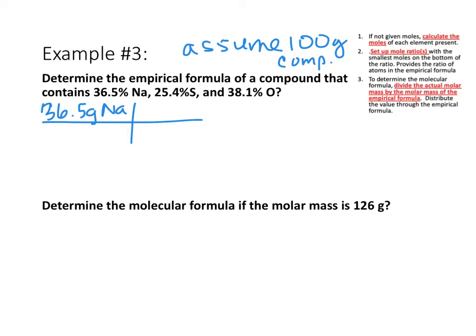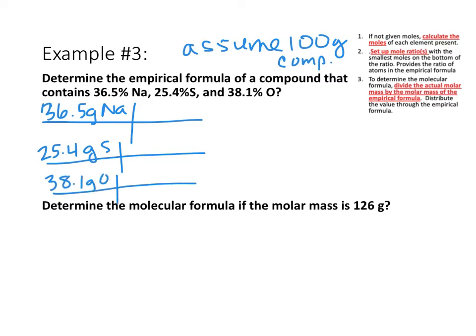And if 25.4% is sulfur, 25.4% of 100 is 25.4 grams of sulfur. So we can get that to moles. And then if 38.1% is oxygen, 38.1% of 100 is 38.1 grams of oxygen. So we can get that to moles.